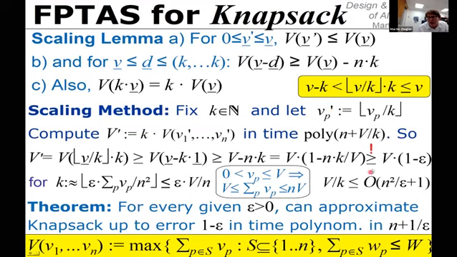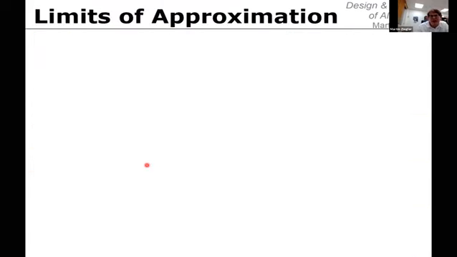Our analysis shows that this is, first, polynomial time, with running time polynomial in n plus 1 over epsilon, and secondly, it achieves the required approximation ratio. So this concludes our discussion of approximation schemes for the Knapsack algorithm, an entire family of approximation algorithms. And now we proceed to limits of approximation.